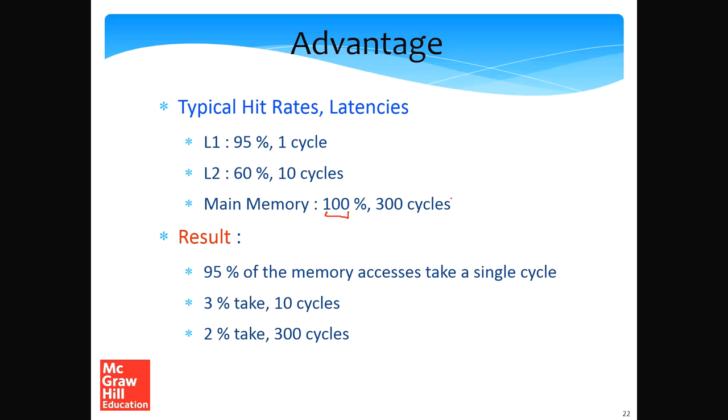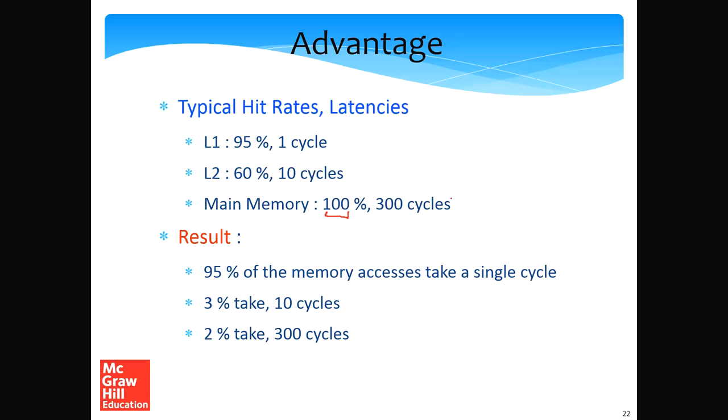So in this case, 95% of the memory accesses will take a single cycle. 3% will take an additional 10 cycles to go to L2 and get the data back. And 2% will take an additional 300 cycles after accessing L2 to get the data from main memory.